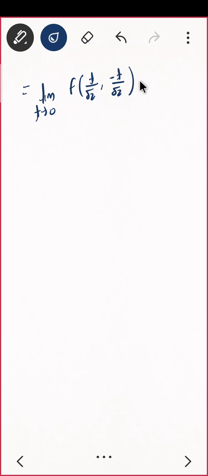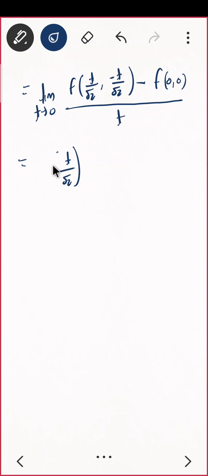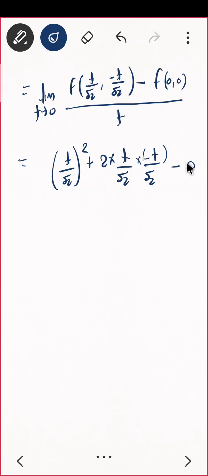So this is minus f of e, that is f of 0 0, and divided by t, correct? What is my function? Function is x square plus 2xy, so this will be x square, meaning t upon root 2 the whole square, plus 2 into t upon root 2 into minus t upon root 2, correct? Minus here it is 0, and divided by t. Okay, so what do you think the answer would be?